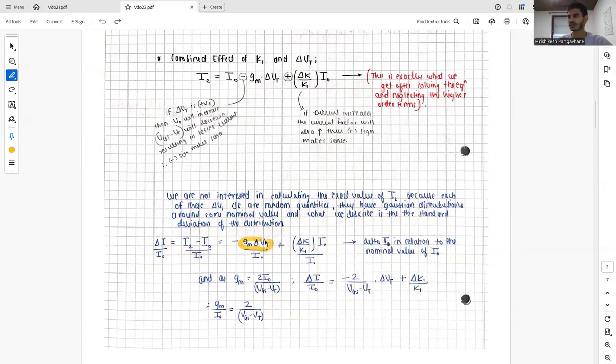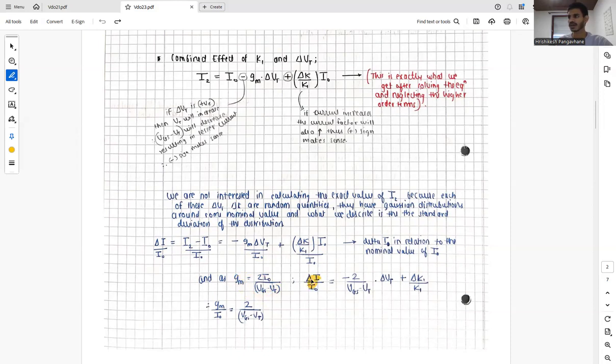So these are the two factors, and those are also normalized by I naught. So delta I in relation to the nominal value of I naught is basically this value. And as we know, Gm equals 2 I naught divided by VGS minus VT.